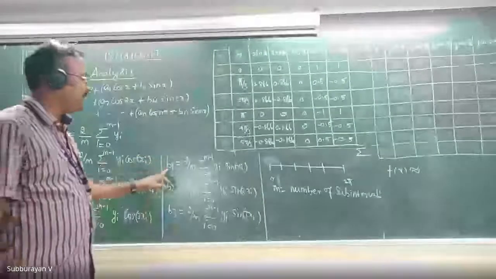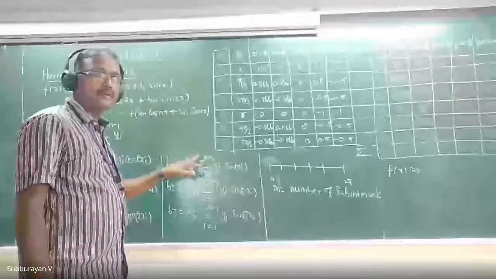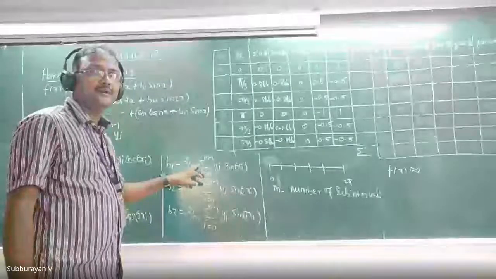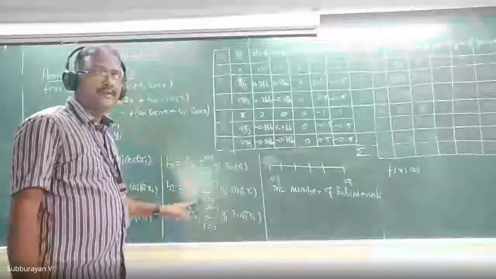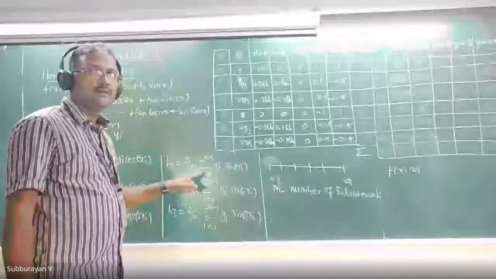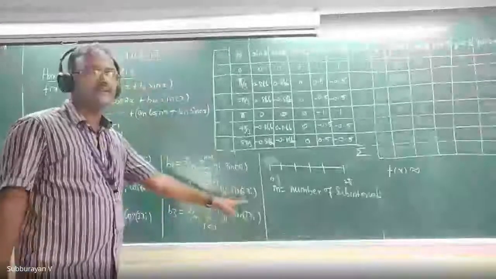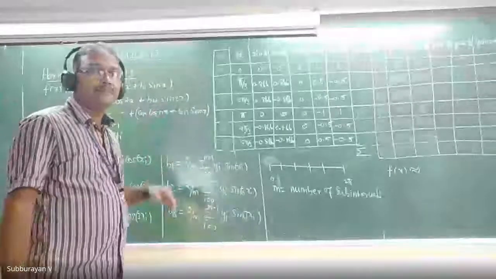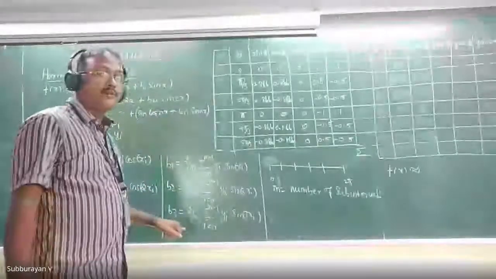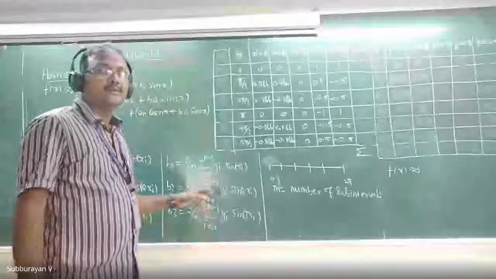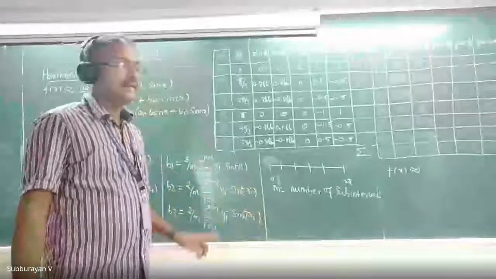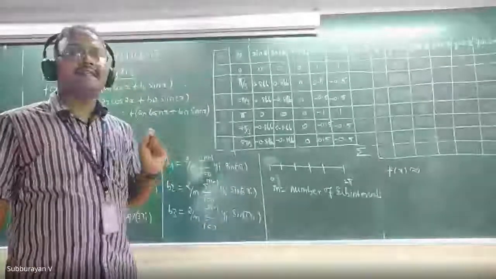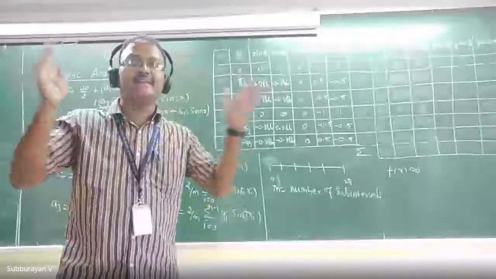Similarly, for b1, 2 by m summation i equal to 0 to m minus 1 yi sin xi. For b2, 2 by m summation i equal to 0 to m minus 1 yi into sin 2xi. In general, bn is 2 by m summation i equal to 0 to m minus 1 yi into sin nxi. Here m is the number of subintervals in the given interval.